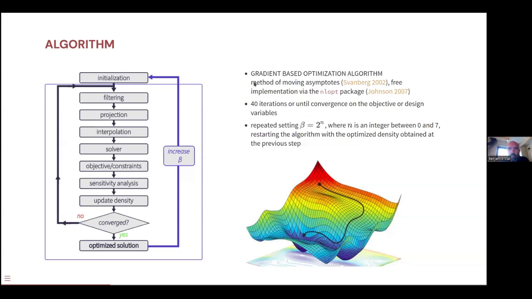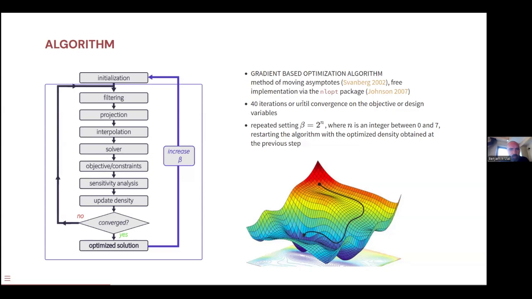In our case, we use the method of moving asymptotes that is freely implemented in Python with an NLOpt package. And if it has converged, cool, we've got an optimized solution. If not, we go back to here and we continue the optimization process until we reach convergence on the objective, or until we reach a given number of iterations.